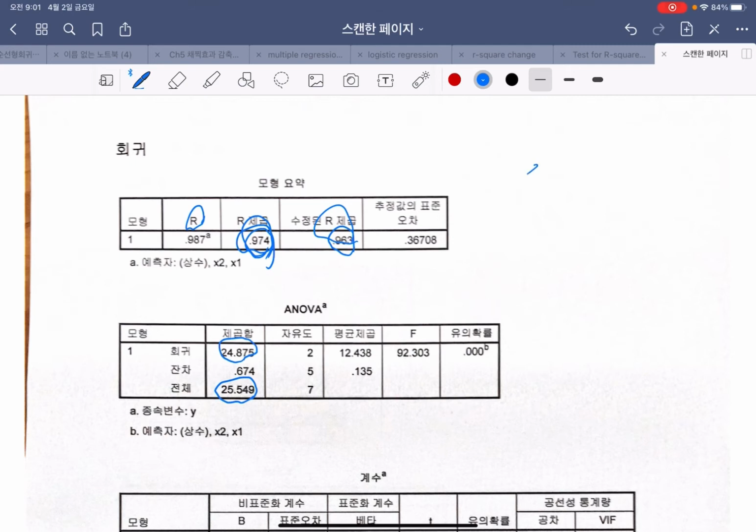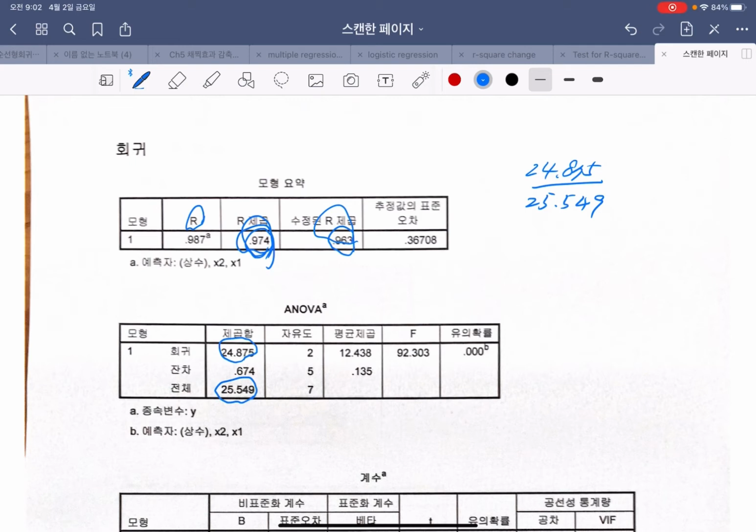So 24.875 divided by 25.549. This ANOVA table is the same as the ANOVA table we saw in the simple regression.